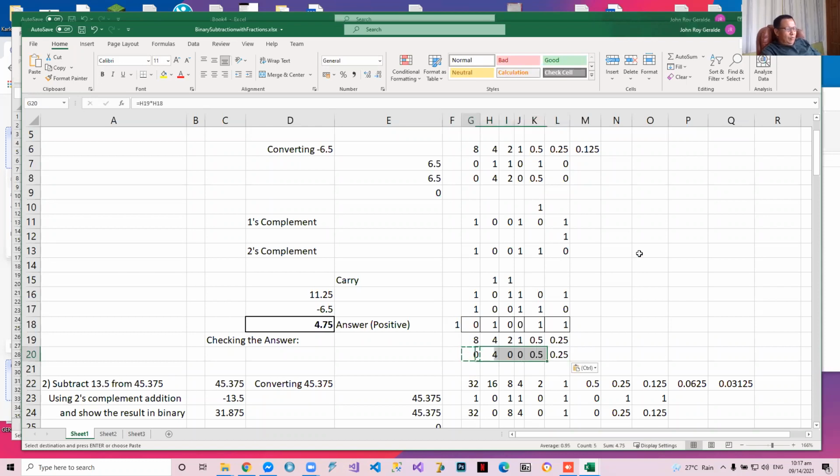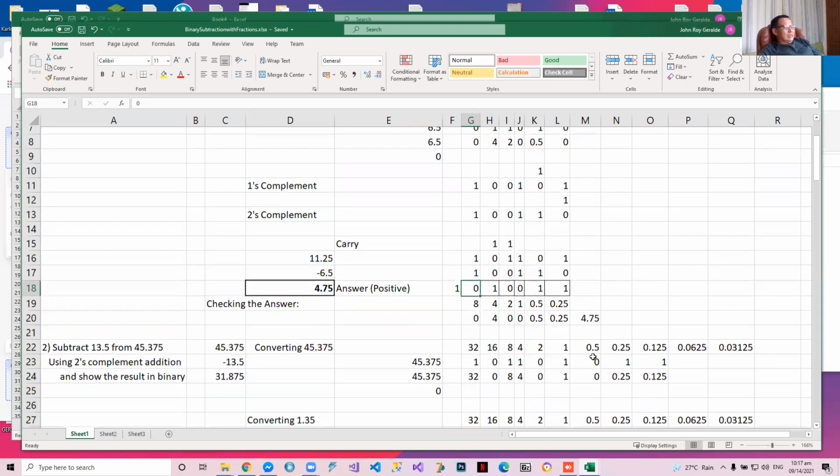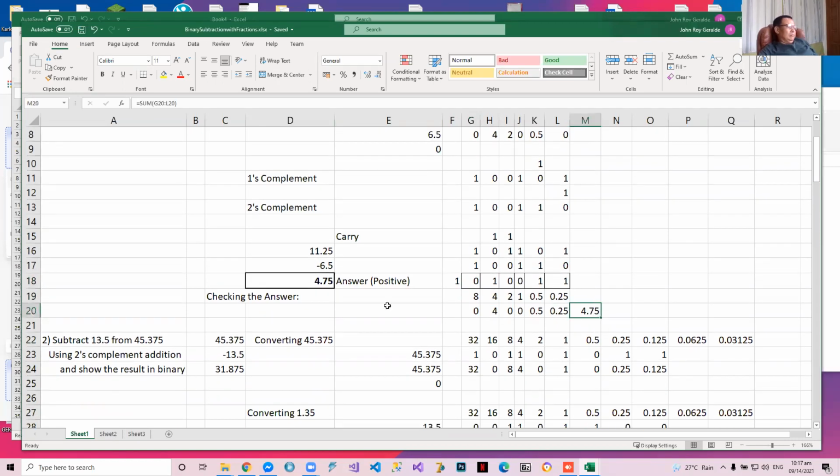It's already clear that it's 4.75, because we have a 4, and then we have a 0.5 and the 0.25, which is 0.75. So 11.25 minus 6.5 is 4.75. Any questions? This is the answer. If you check the answer, we have 4.75 in binary.